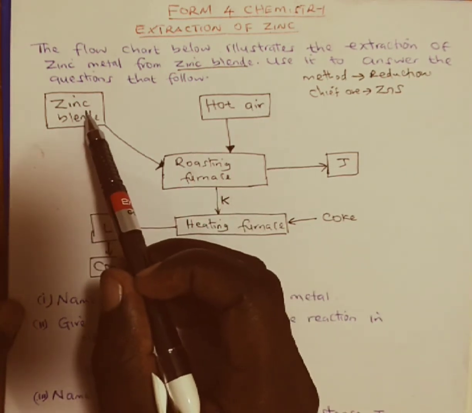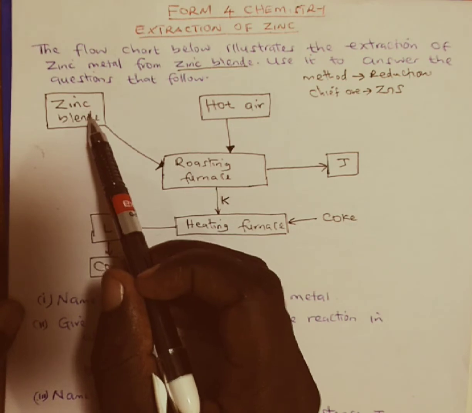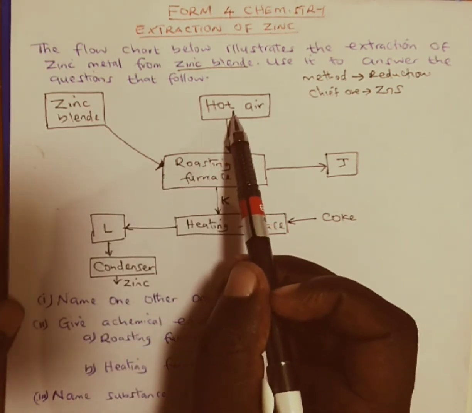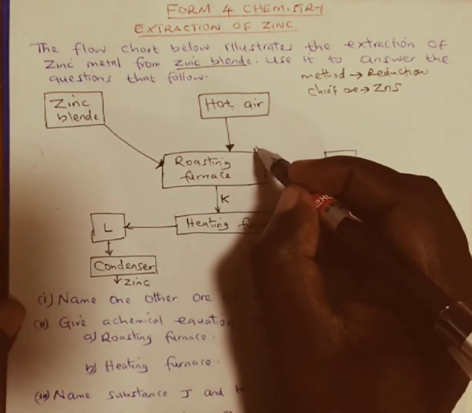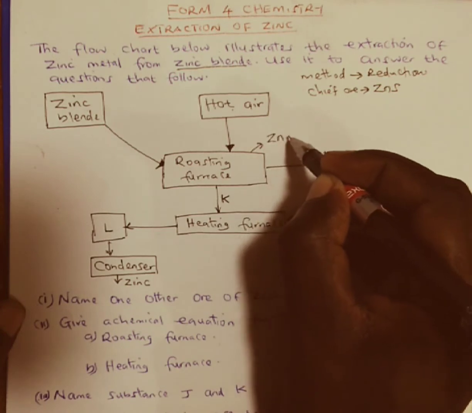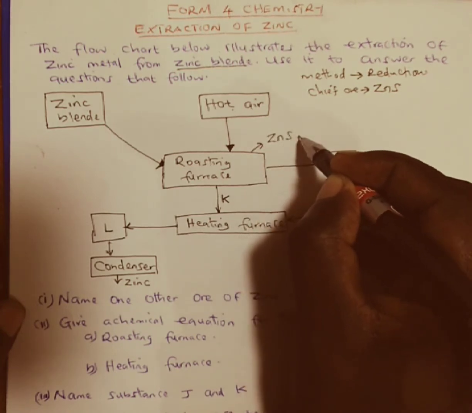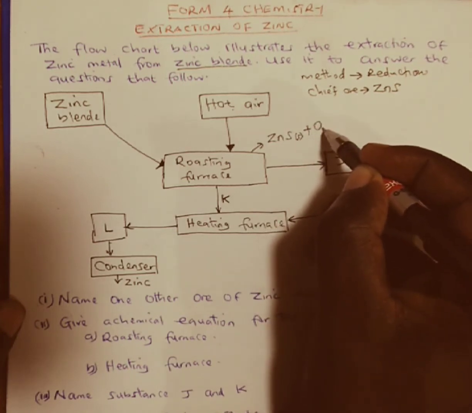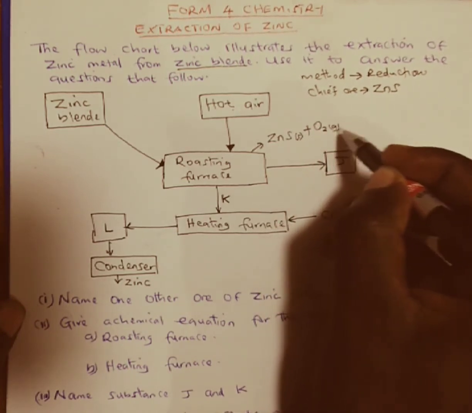Our flowchart begins from zinc blende coming into the roasting furnace to react with the hot air, and from the roasting furnace we are going to have zinc blende, which is zinc sulfide, a solid, being burnt in air, which is a gas.